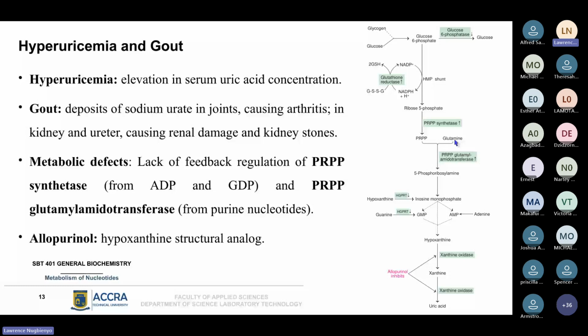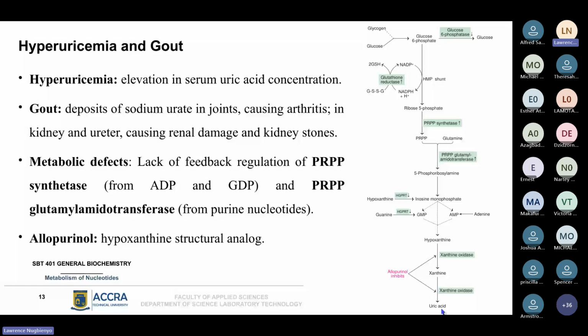That enzyme was involved in the regulation of the process, so that the lack of feedback to this enzyme will result in excessive production of uric acid, because once that enzyme is not regulated, the reaction will continue to form more inosine monophosphate, which will then undergo more degradation, and result in the formation of uric acid in large amounts.